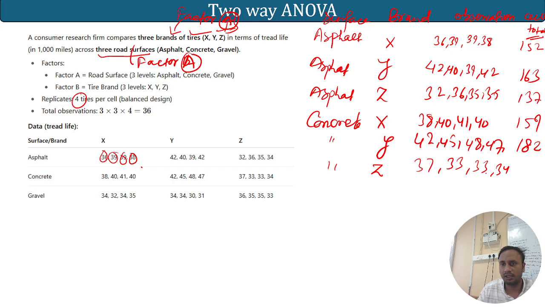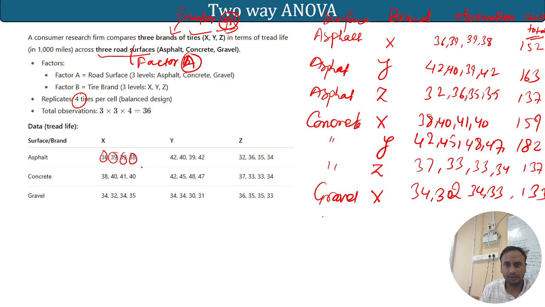So 137. Then we have gravel X: 34, 32, 34, 33, 133.